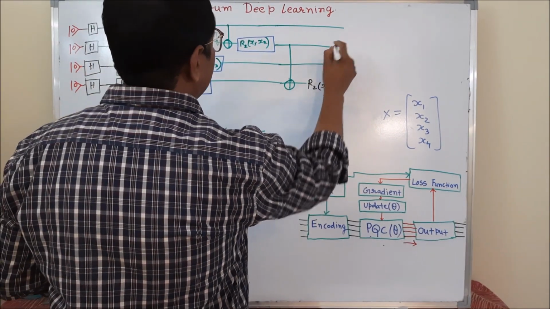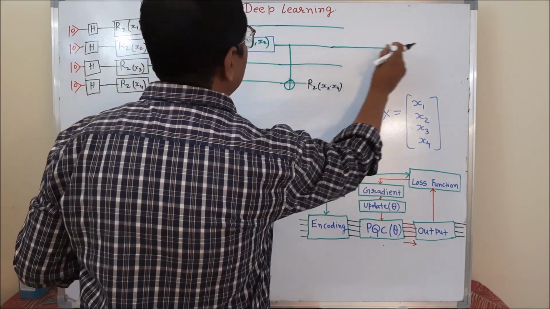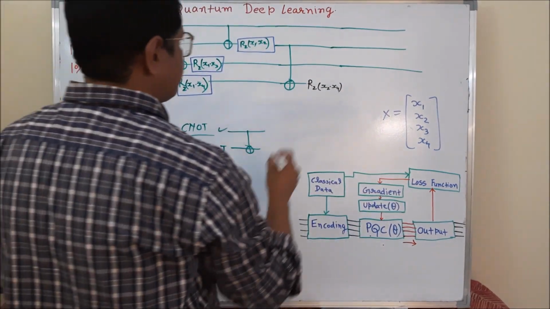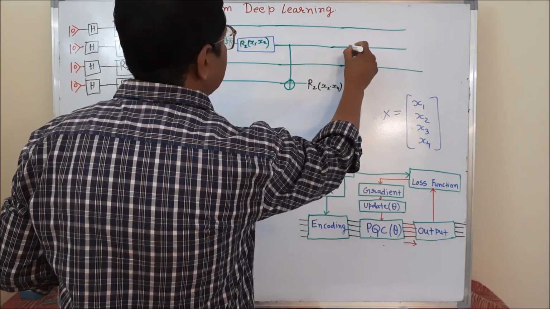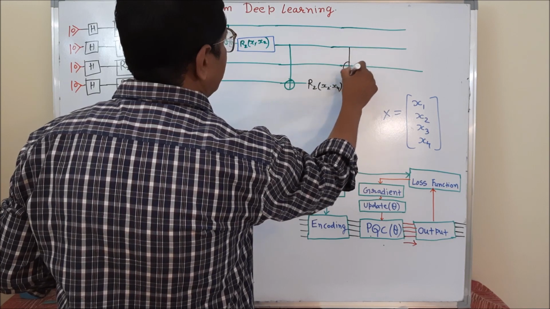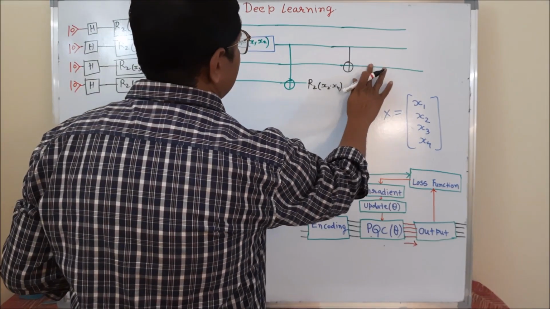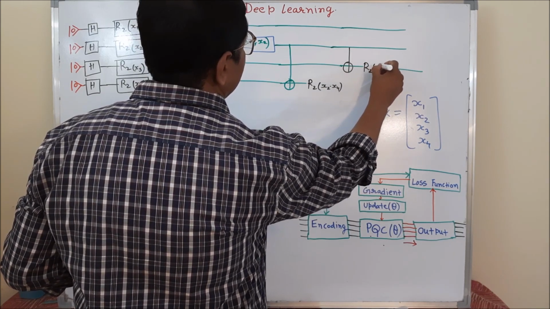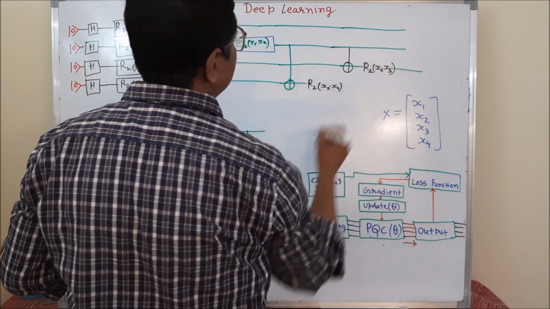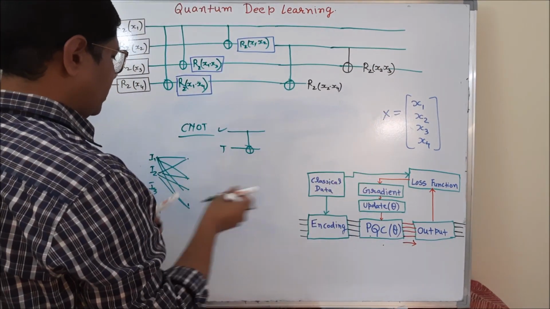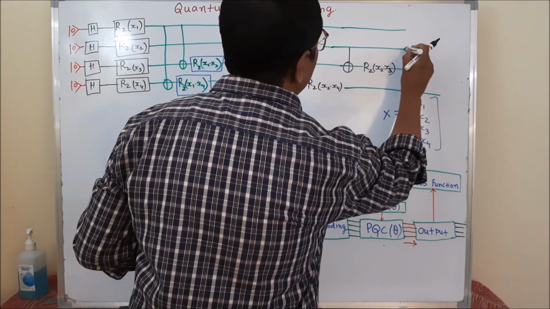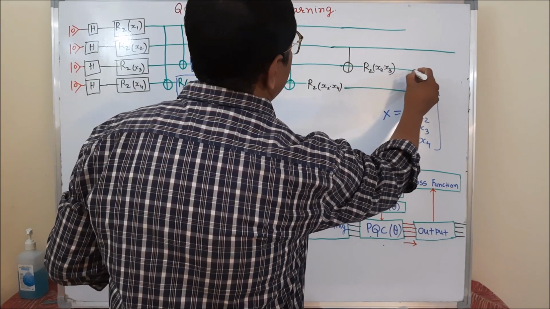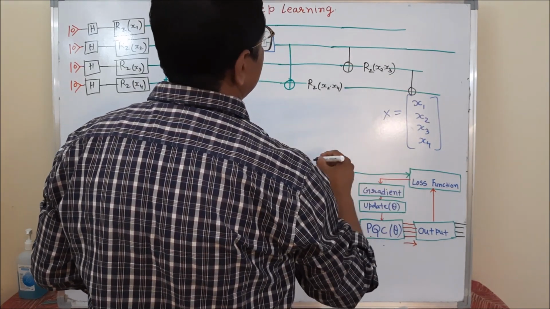Now we take another entanglement, here to here. What will be the angle change? That will be RZ x2 dot x3. We can do one more entanglement, just like this. So this is another entanglement.